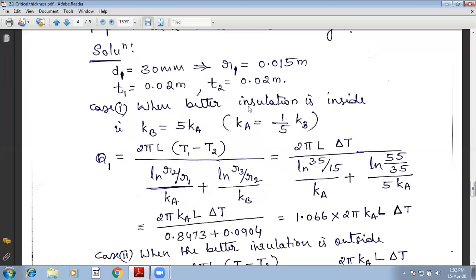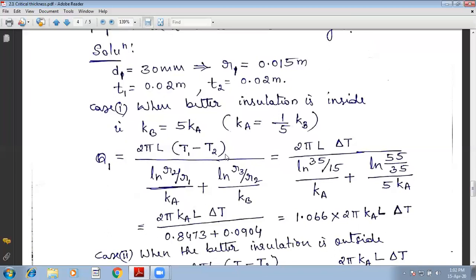I hope you understood. Let me repeat. We have R1 here. R1, when we add with thickness, we get R2. That is R2 is equals to R1 plus T1. That is 0.035. It is in terms of meters.